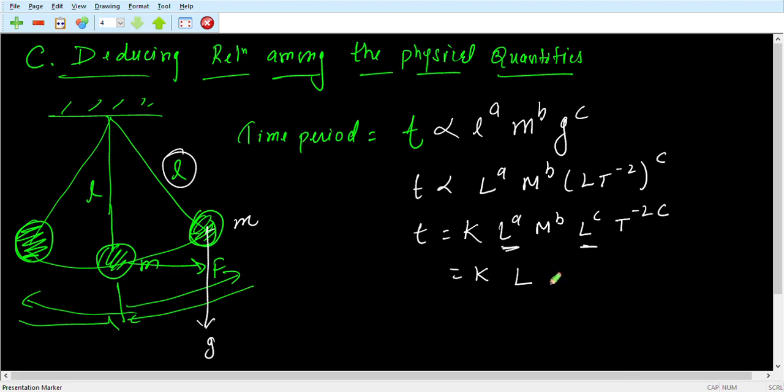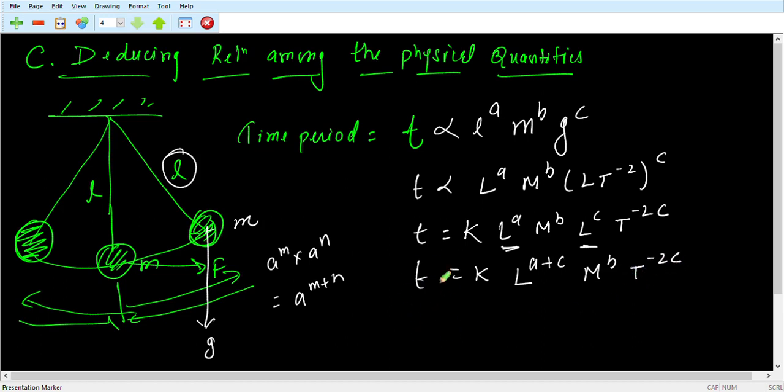You have already gone through this concept of indices in previous classes: if A to the power m into A to the power n, this gives A to the power m plus n. By that logic, T is equal to K times L to the power a plus c, M to the power b and T to the power minus 2c.